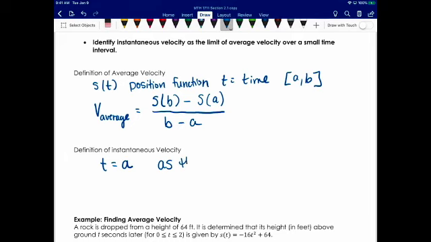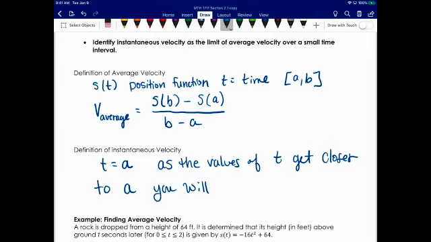So as the values of t get closer to a, you will approximate the instantaneous velocity.